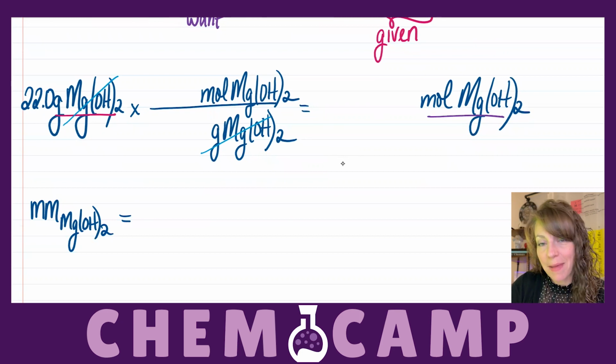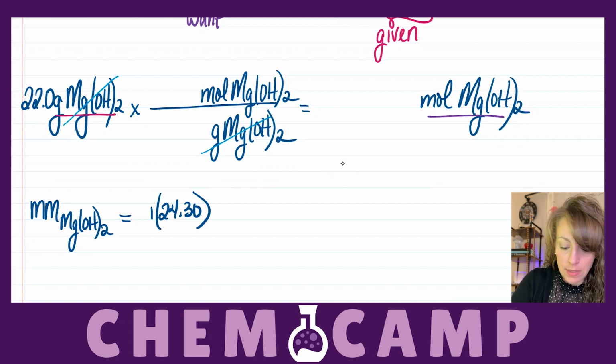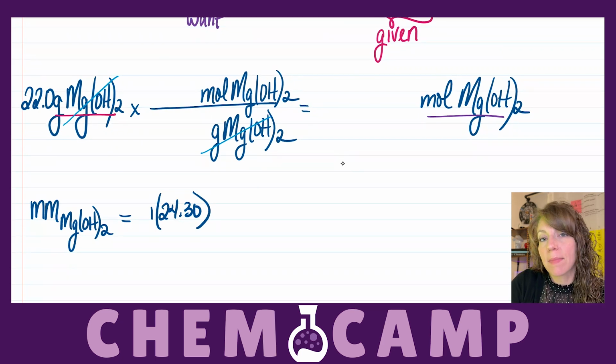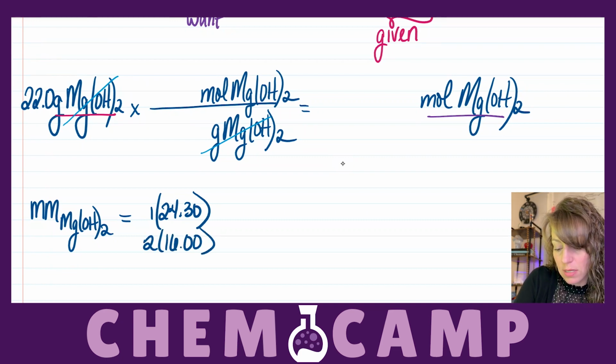So I've got one magnesium atom, so it's going to be 1 times 24.30. And now I've got a polyatomic ion with parentheses, so that subscript 2 gets distributed to each of the atoms inside the parentheses. So I've got 2 oxygen atoms times 16.00, and 2 hydrogen atoms times 1.01.